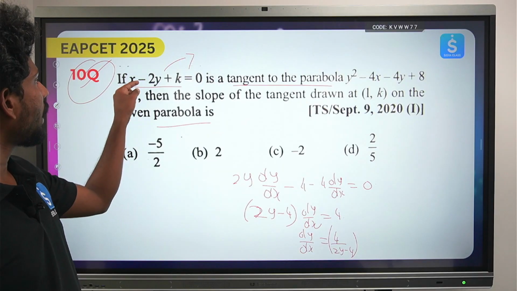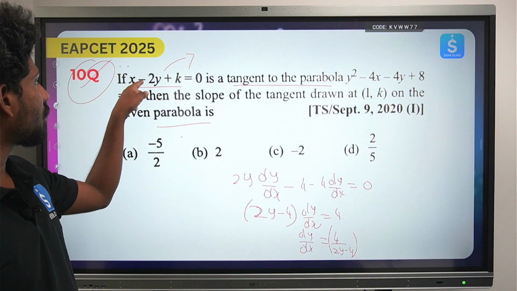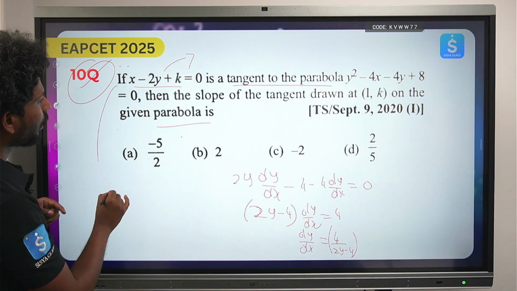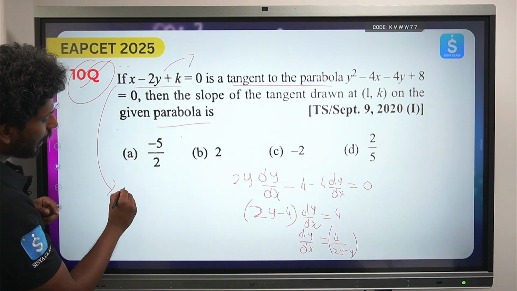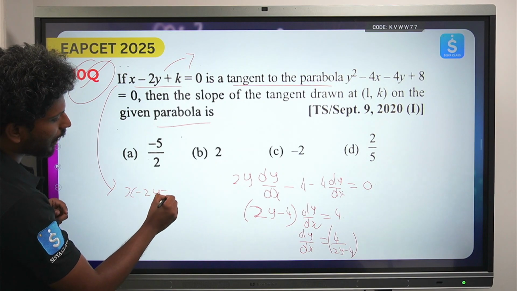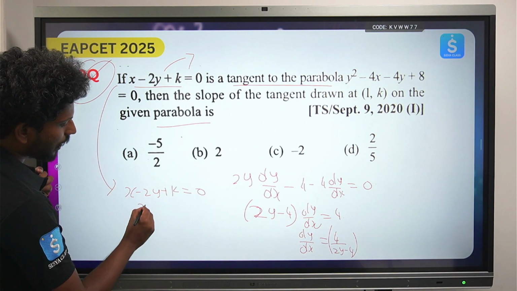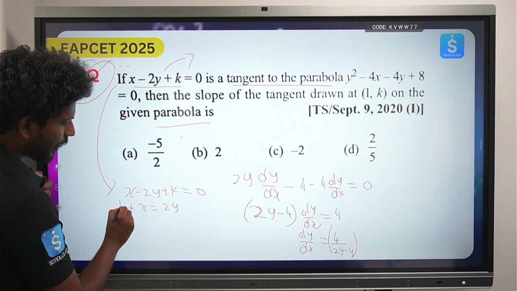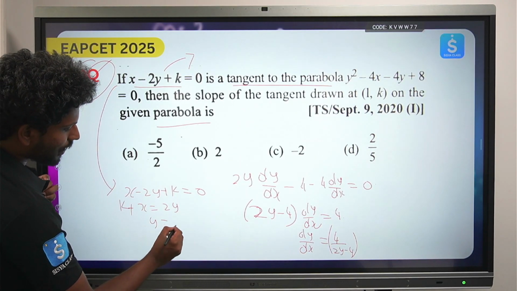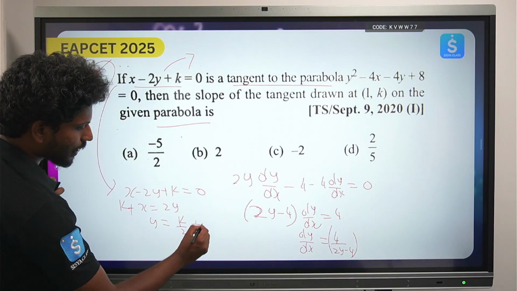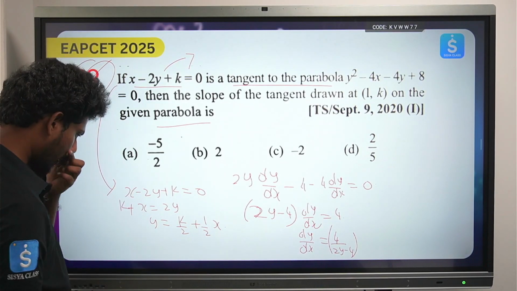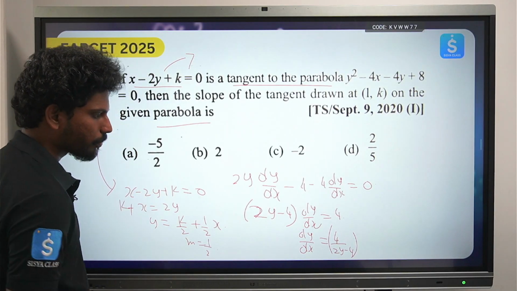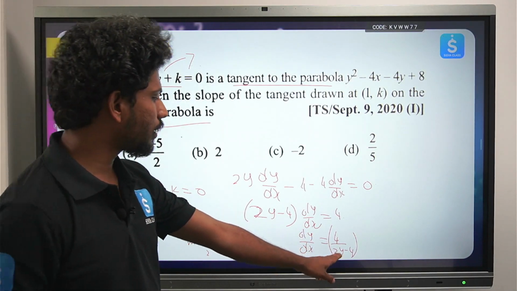From the line you get another value. From x minus 2y plus k equals 0, we get 2y equals x plus k, so y equals k by 2 plus x by 2. So what is the value of m? m equals 1 by 2. So from here the value is also 1 by 2.